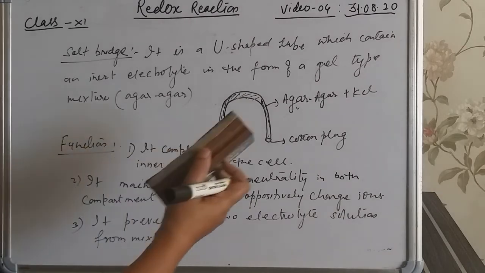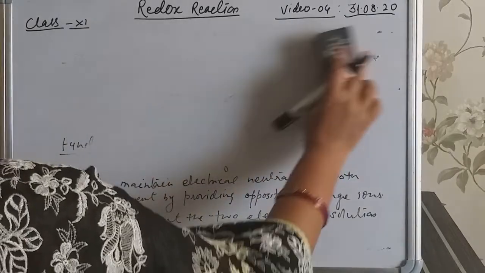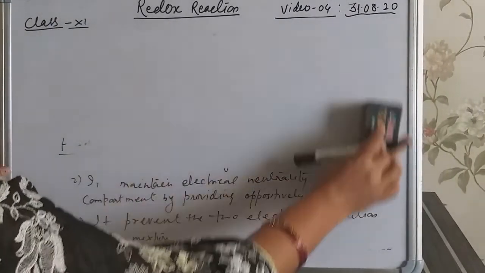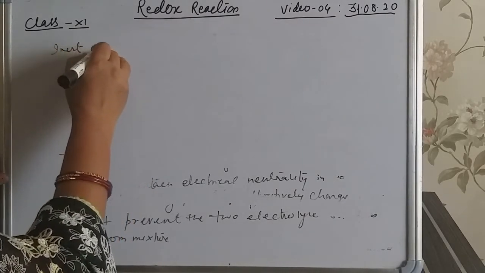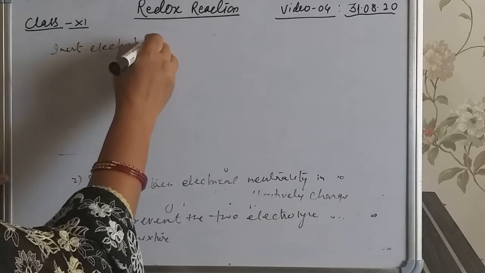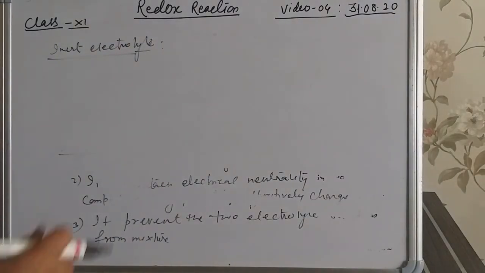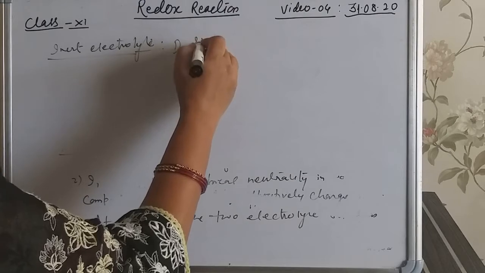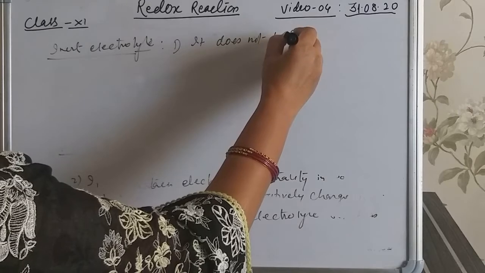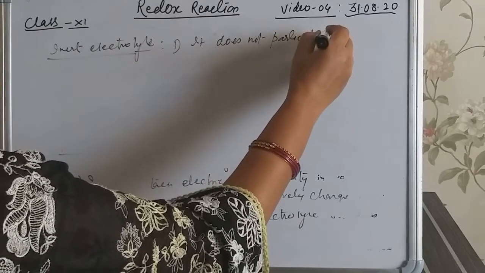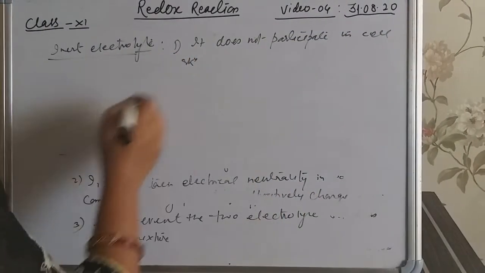Let's discuss the inert electrolyte. What is an inert electrolyte? First function: it does not participate in the cell reaction.